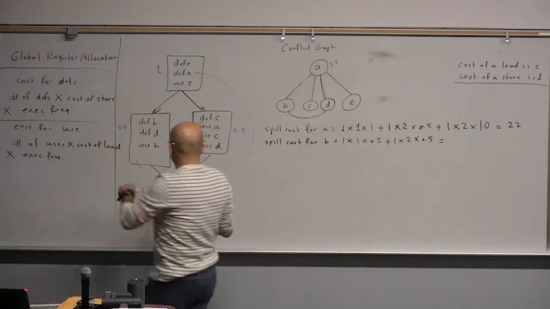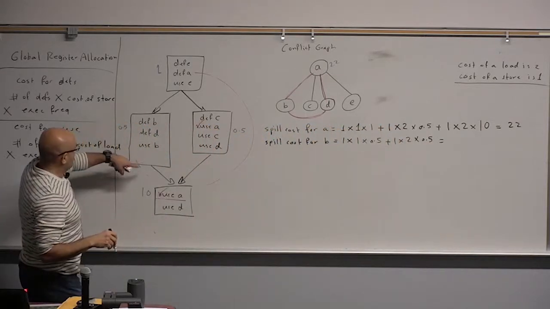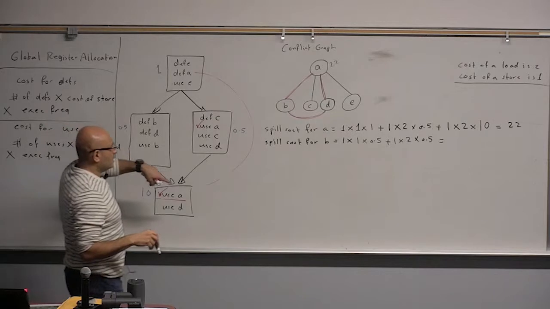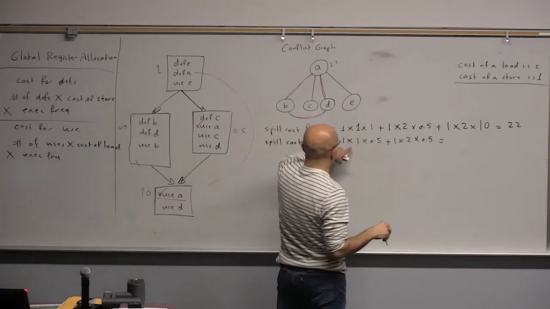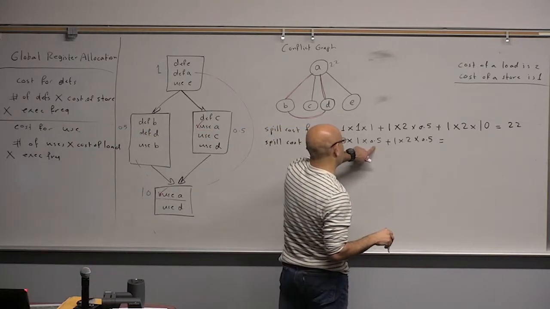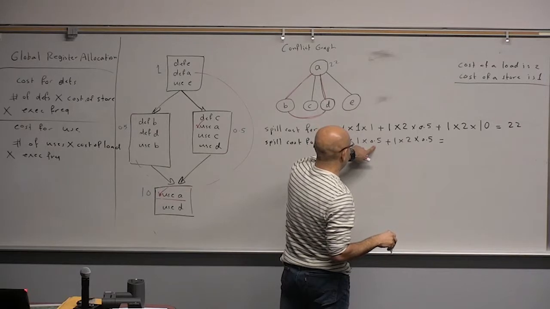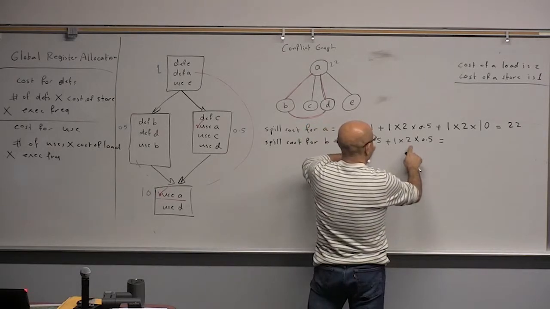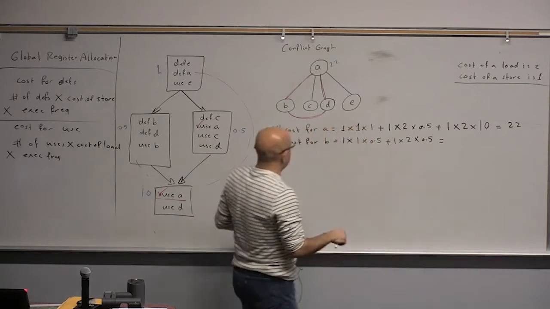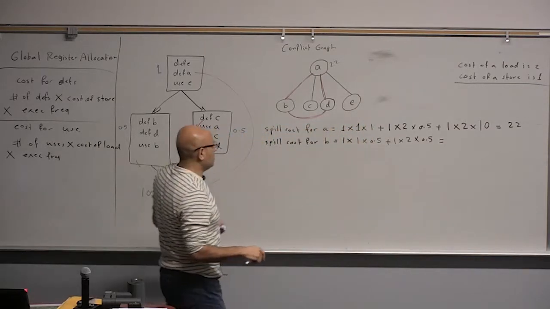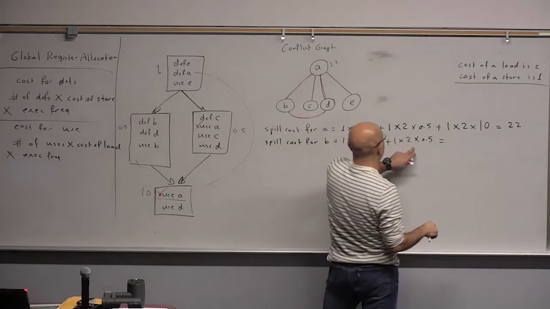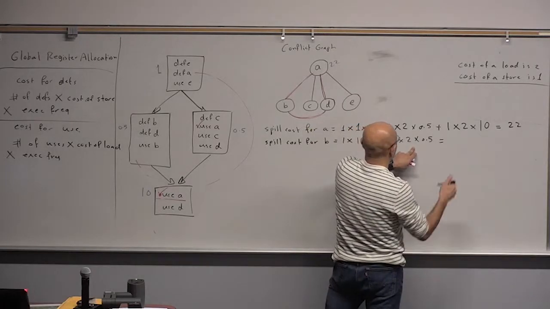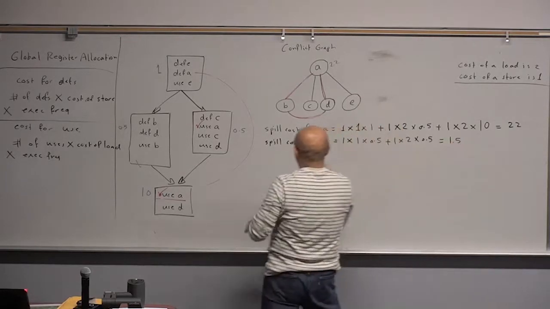This is for B, right? So for B, we have 1 times 0.5. This is 0.5, plus 0.5 times 1. So this is 0.5 and this is 1. So it's 1.5.